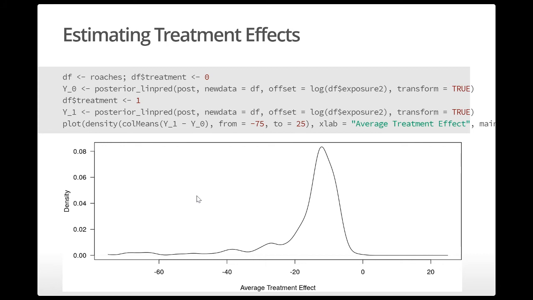The reason you can only observe one potential outcome is that you can only observe a building under control or under treatment. But in my counterfactual world, I can make all buildings treatment and then in the next instant make them all control and just query the model.